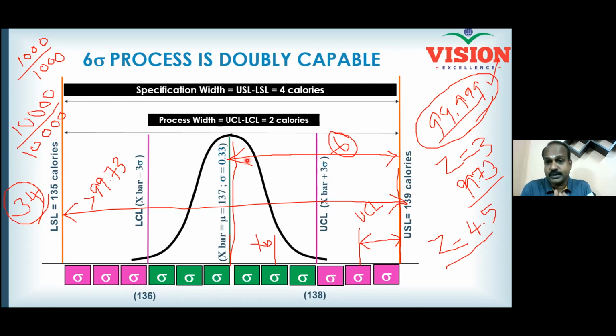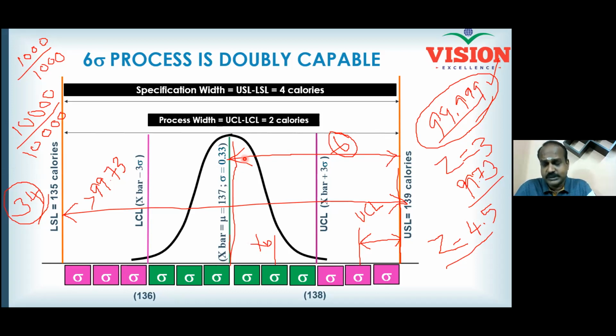Technically you can solve the problem. For example, you can improvise your equipment, or you can train your people, or you can bring in some automatic monitoring system, and there are many ways you can try to reduce the variation.